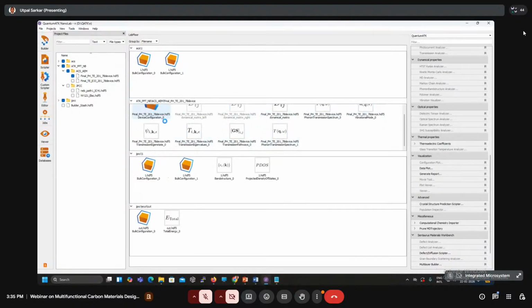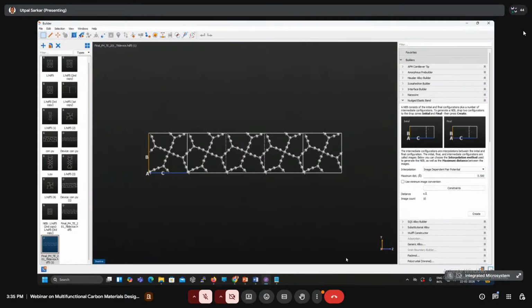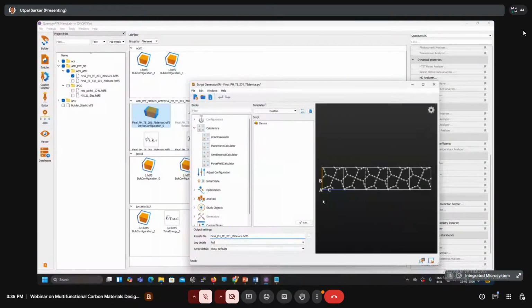Suppose this is the optimized geometry of the device, and for phonon transmission spectrum, we have to select script generator, then device calculator, then analysis, then phonon, and select phonon transmission spectrum.